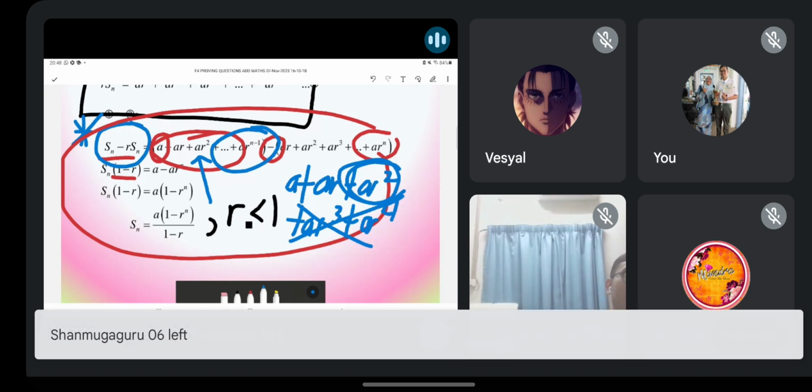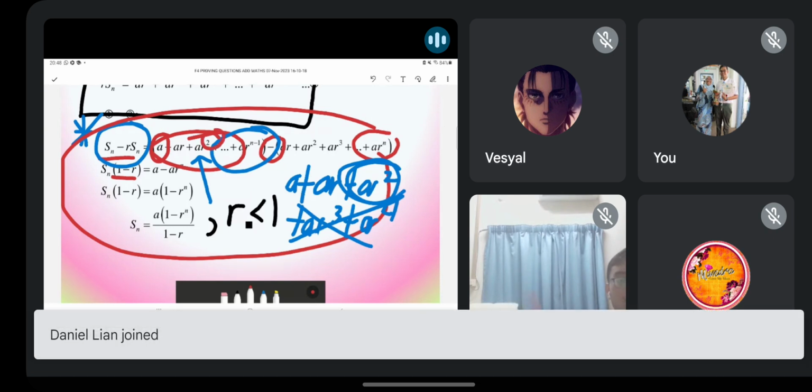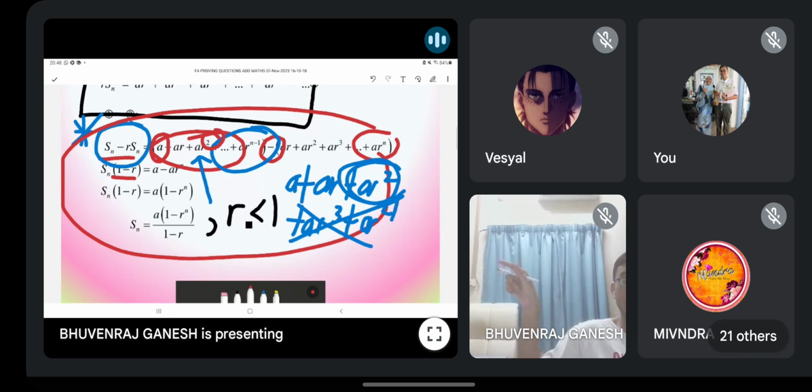AR is a bit risky because you might need to show a number with a power on top, since AR is R power 1 and we don't write power 1. So at least show one number with a power on top to show that you know the formula, that Tn is AR power N minus 1. So at least stop at AR square, then state this formula.